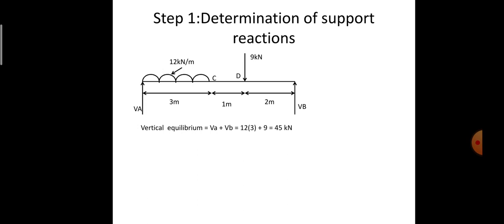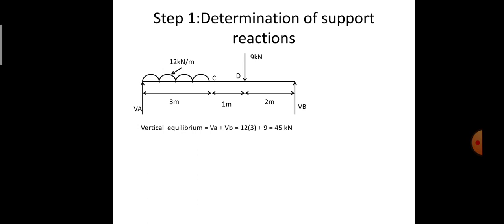There are two upward forces at the supports, one is VA and another is VB. So VA plus VB is equal to 9 plus 12 into 3. 12 into 3 is nothing but we need to convert the UDL to a point load. In order to convert a UDL to a point load, we are supposed to multiply the magnitude of the load by the span over which the load is acting.